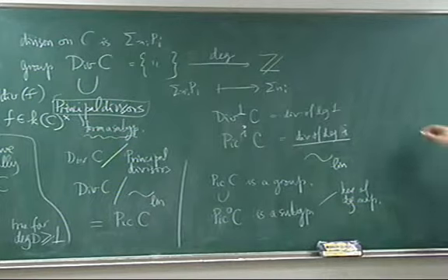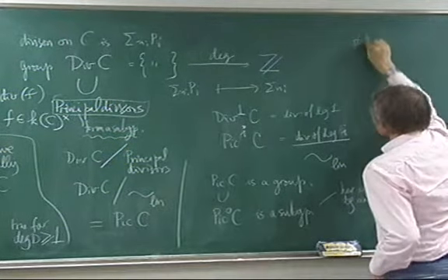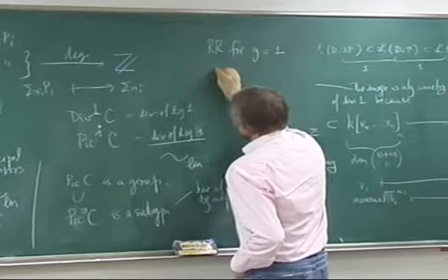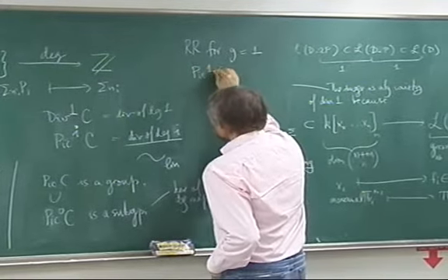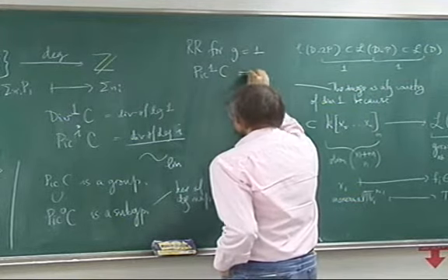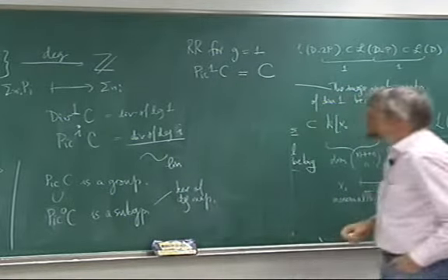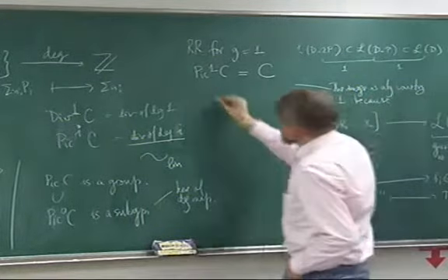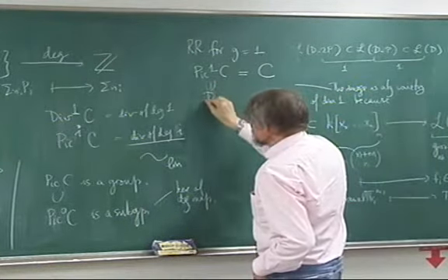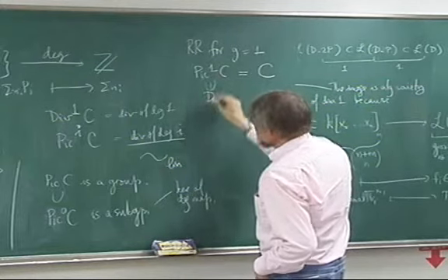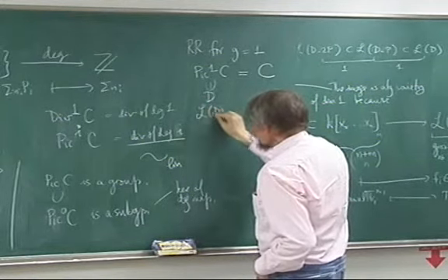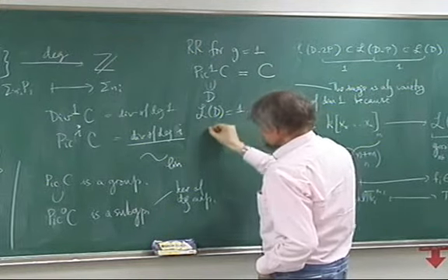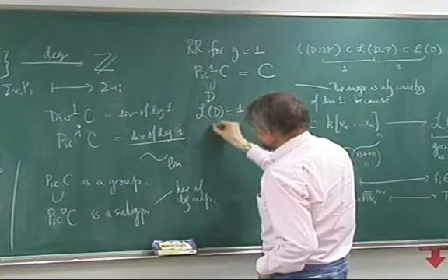At the same time, Riemann-Roch for g equals 1 says that Pic 1 of C is equal to C. It's in one-to-one correspondence with C. Why is this? Because if I have a divisor D of degree 1, then l of D equals 1. It's one-dimensional.